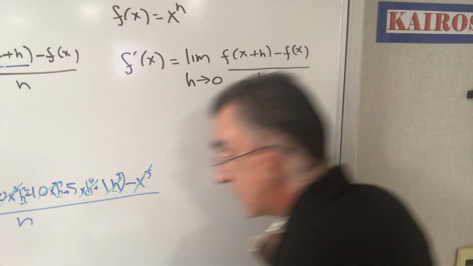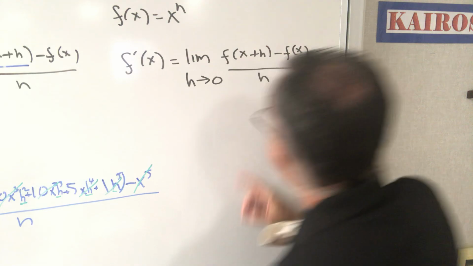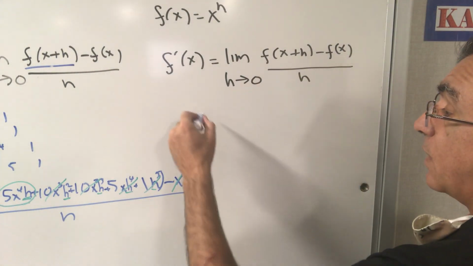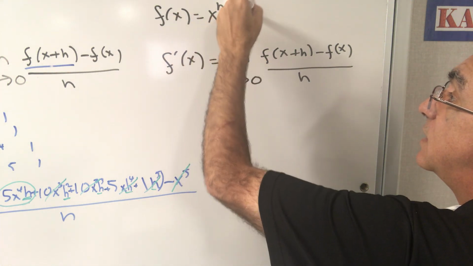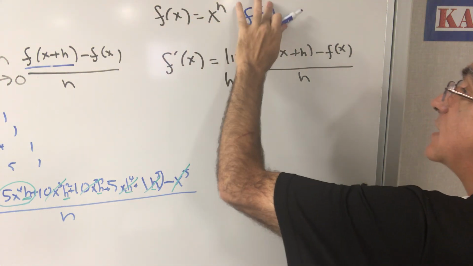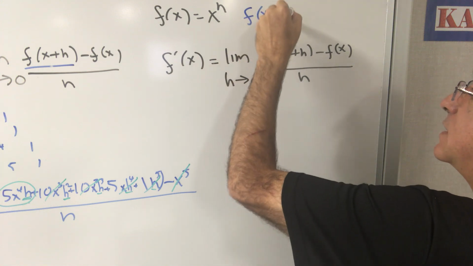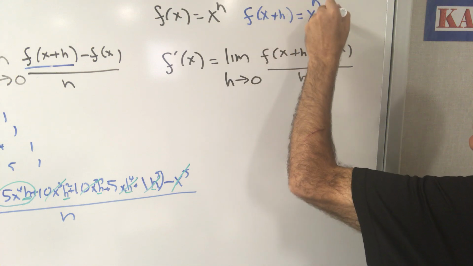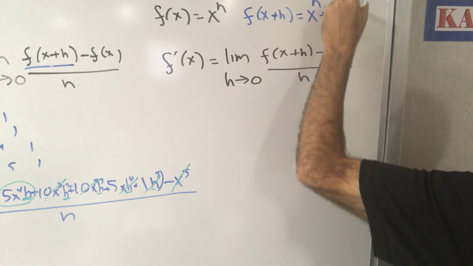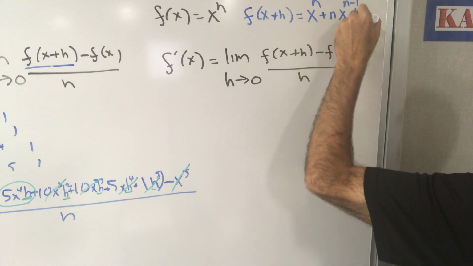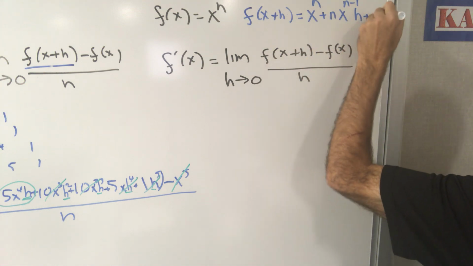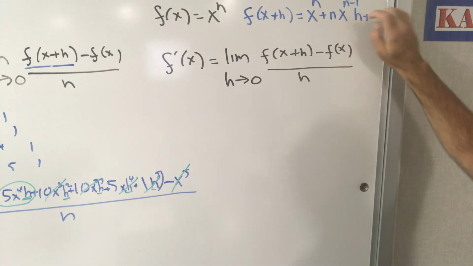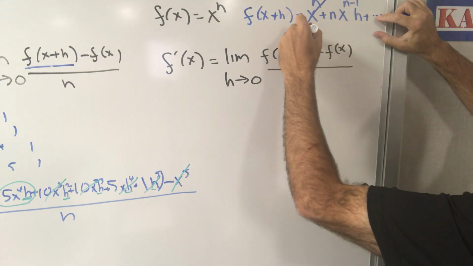If you look at x to the n, when you do the f of x plus h, it's always going to be x to the n plus nx to the n minus 1, h plus, dot, dot, dot. Remember, the dot, dot, dots don't matter because they're all going to have more than one h in them. Even if I cancel that h out, they're all going to go away. And then this one's going to go away.